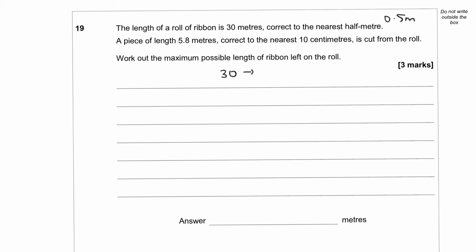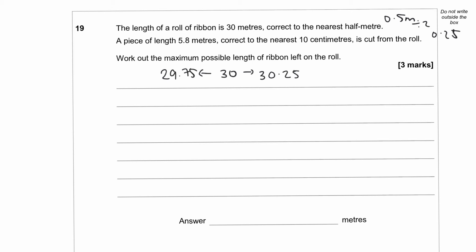The maximum would be 0.5 divided by 2, because remember, it's half of whatever it's corrected to. So that'll be 0.25. Add that on to 30, so 30 plus 0.25 is 30.25. Then from the lower end, you take away 0.25 from 30, which would be 29.75.